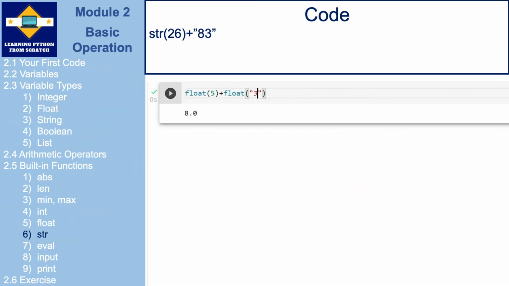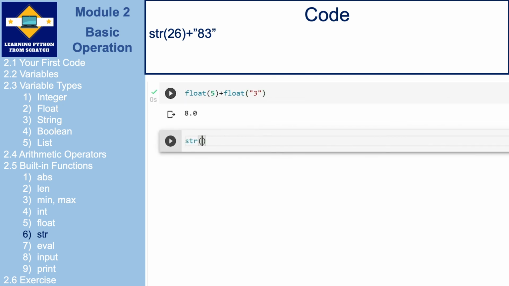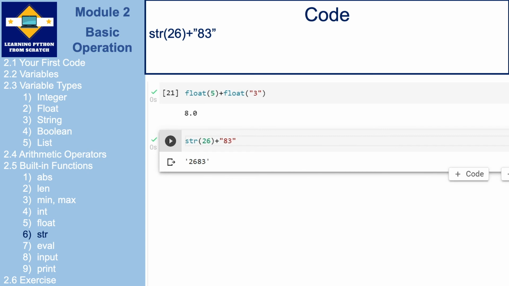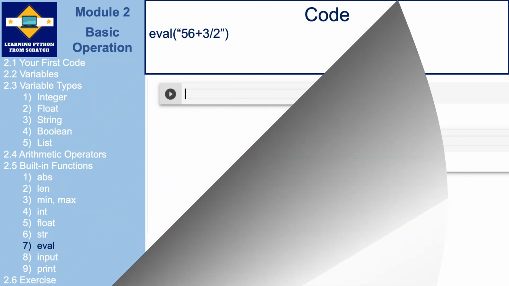Str converts a number into a string. For example, str of 26 plus the string 83. The output is 2683. You may find that addition on strings links the strings in sequence.